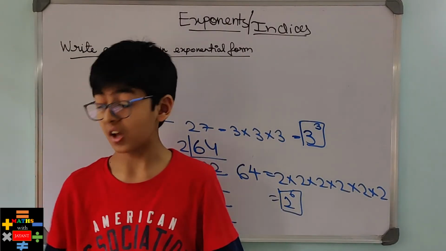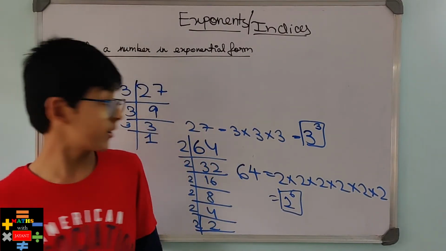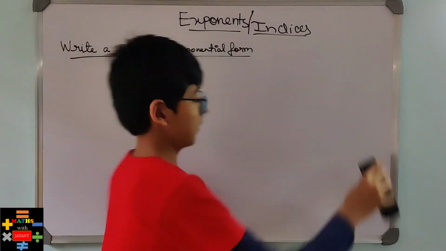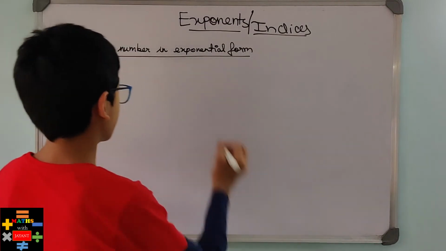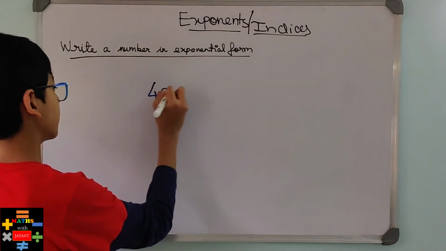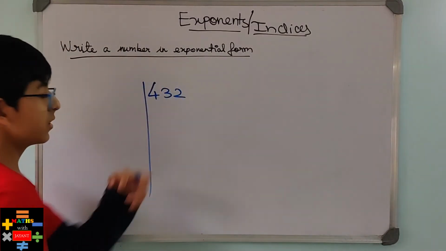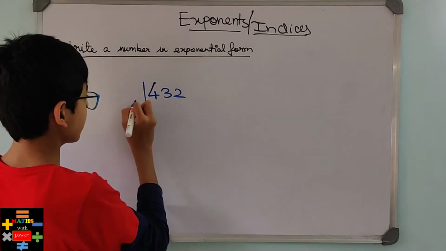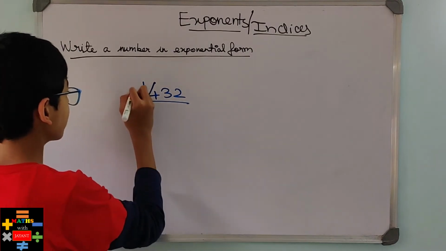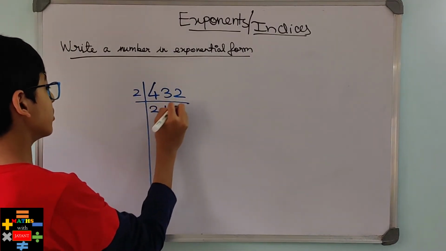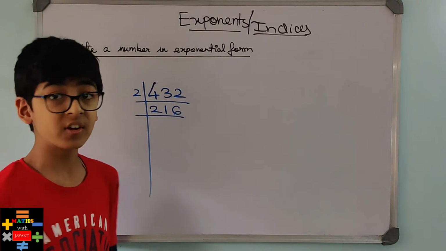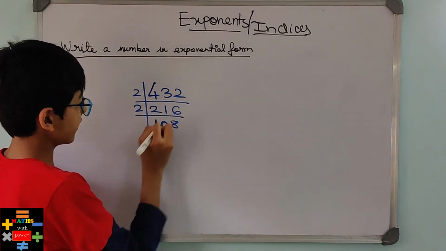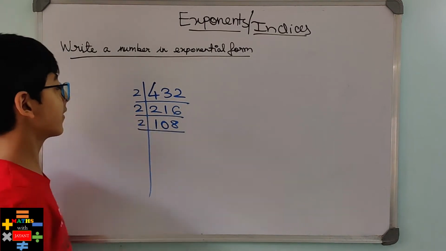Okay, now let us take another example. 432. Let us take the number 432. So if you get a 3-digit number, how do you do it? Don't worry. The process is just the same. Just we are doing it with a 3-digit number. 432 is divisible by 2. We will get 216. 216 is again divisible by 2. We will get 108. 108 is divisible by 2.